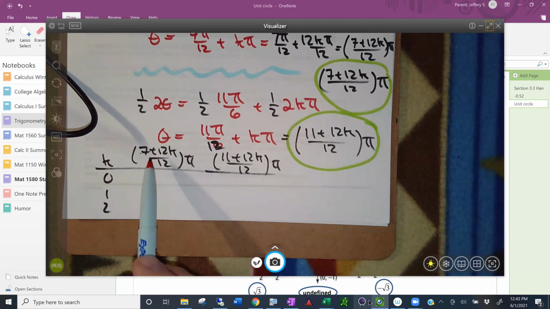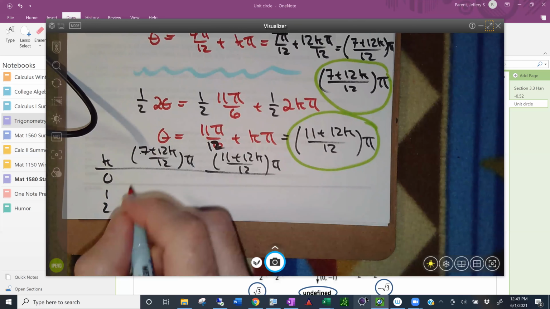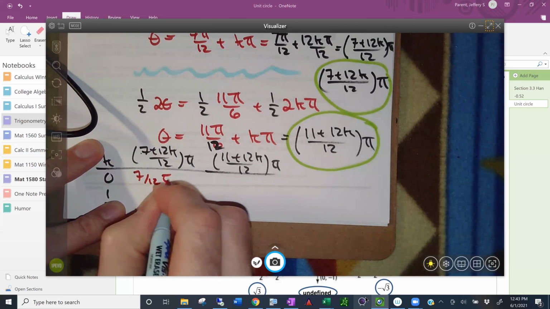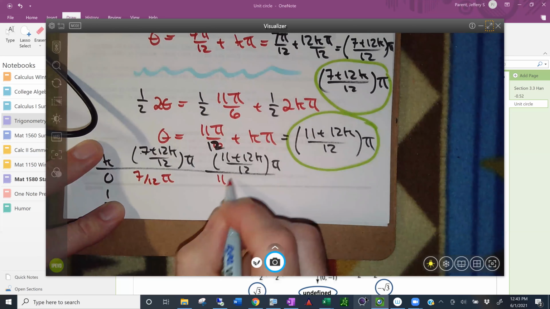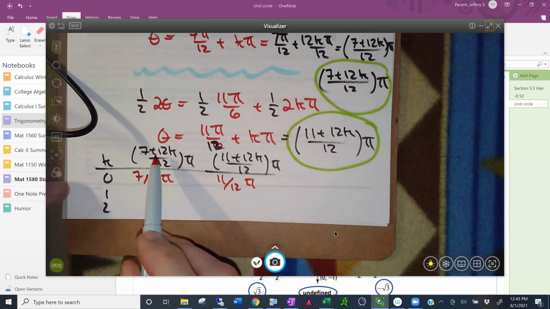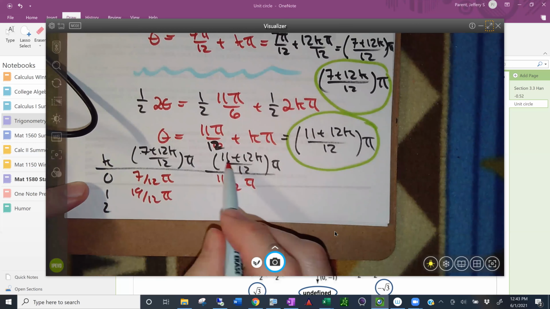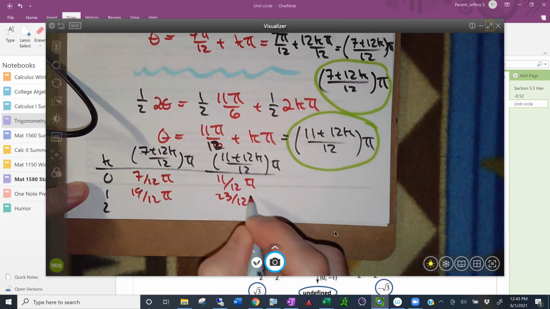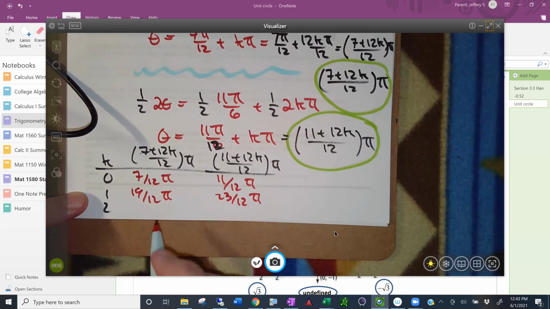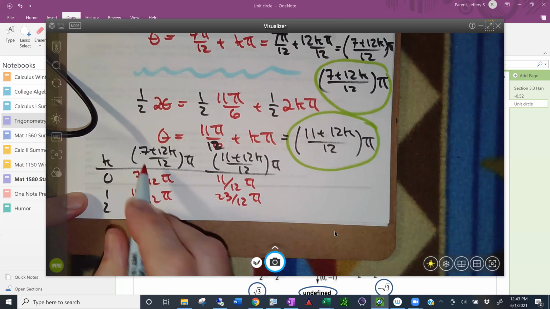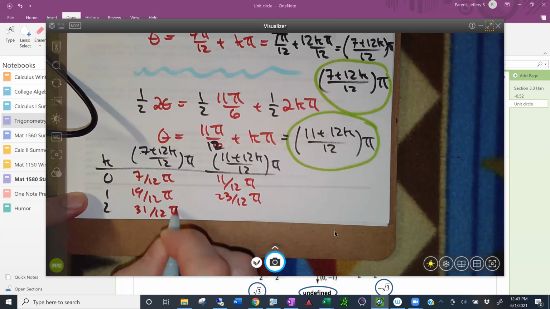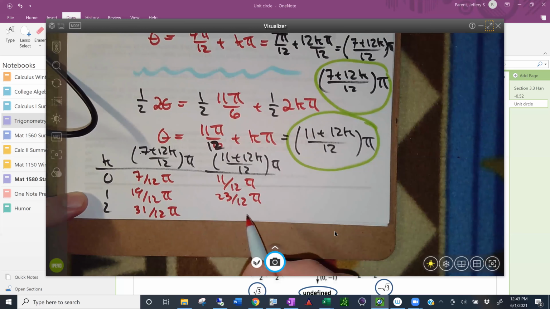At k equals 0, you're going to get 7/12 pi, or 11/12 pi. At k equals 1, you're going to get 19 over 12 times pi, or 23 over 12 times pi. And I'll finish up with k equals 2. 24 and 7 is going to be 31 over 12 times pi, and 35 over 12 times pi. So those would be the first few solutions for something like that.